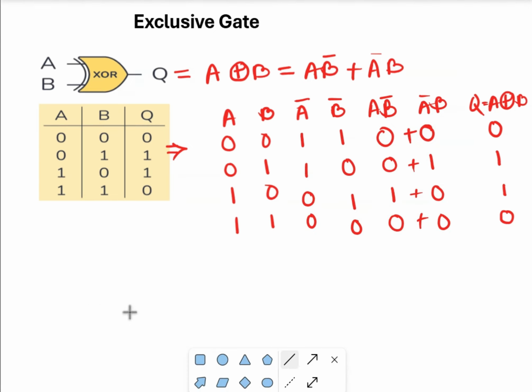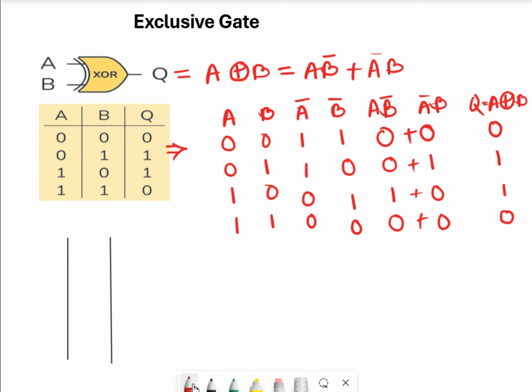Now it's time to draw the equivalent circuit for the XOR gate. Indeed, we have to have two input lines. So one will be, let's say, A, and another one will be B. So this is A and B. And also we have to have two NOT gates, one with A because primes or bars have been used.